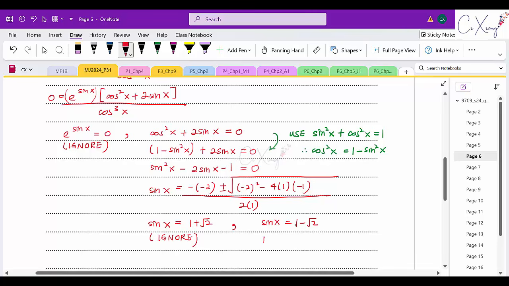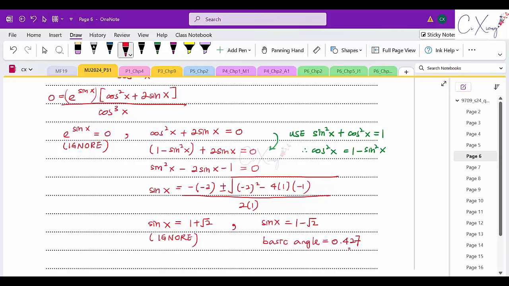Alright, so we try to get the basic angle for this equation here. So the basic angle by right should be equals to 0.427. Okay, so how to get 0.427? Make this value become positive first. Then you take the sine inverse. So sine inverse of this value equals to 0.427.